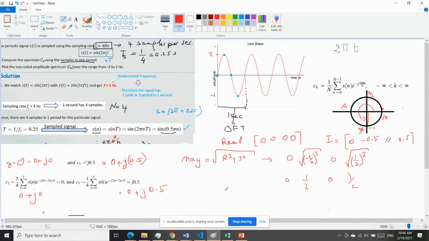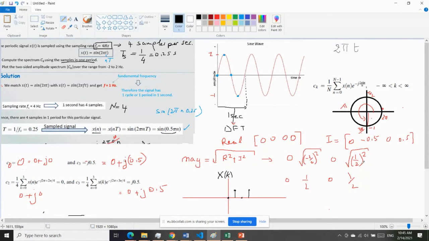You can plot it if you want. C0 is 0, C1 is 1/2, C2 is 0 and C3 is 1/2. This is the magnitude of X[k].